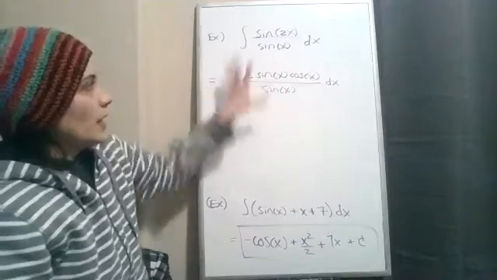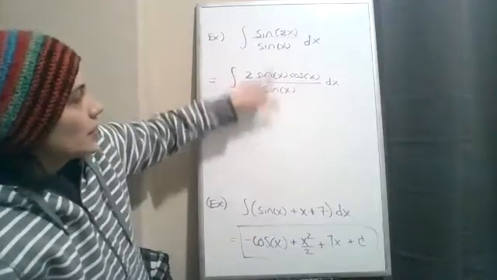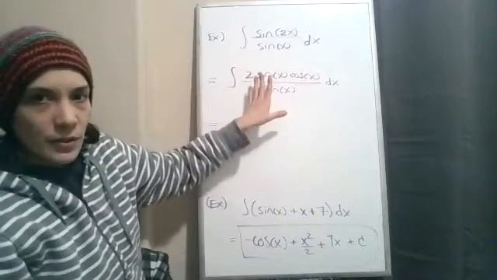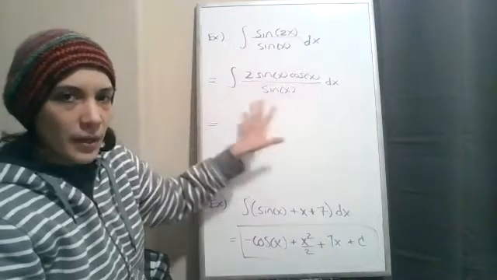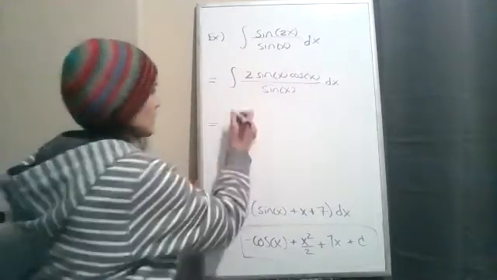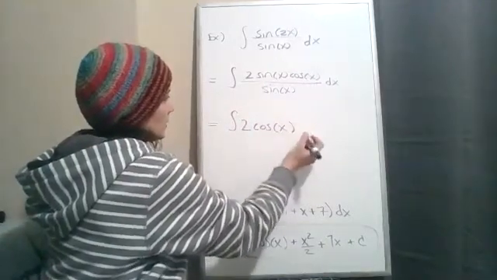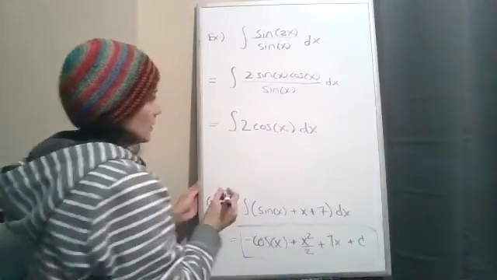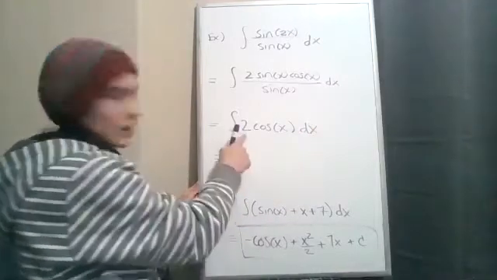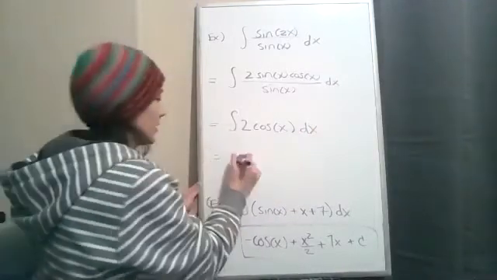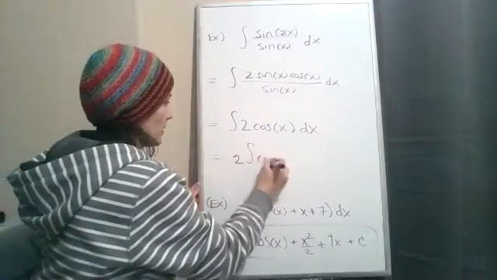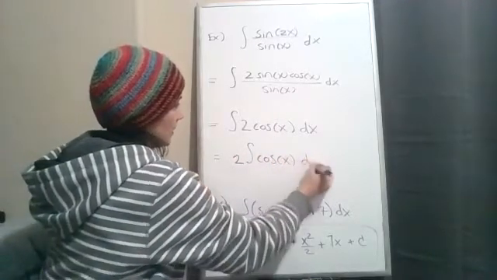Okay, when we put in our x values, this sine of x over sine of x will reduce, and so we'll have the integral of 2 cosine of x dx. And if you want to bring that 2 over here, then have the integral of cosine of x dx.